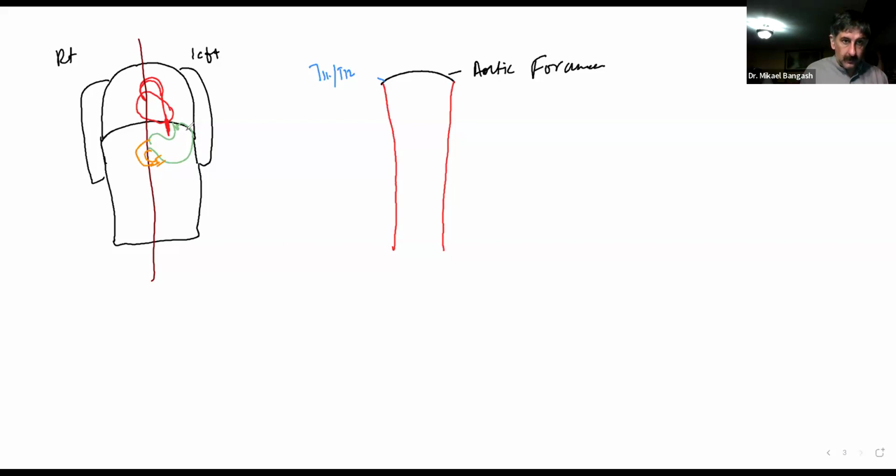We also have the spleen here at the back. In this big area here is your liver.